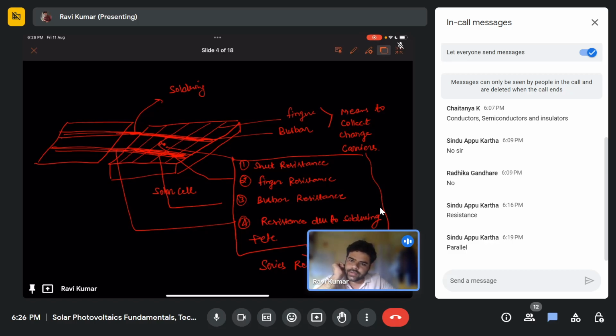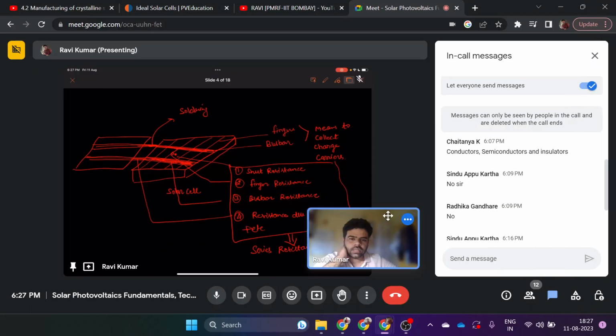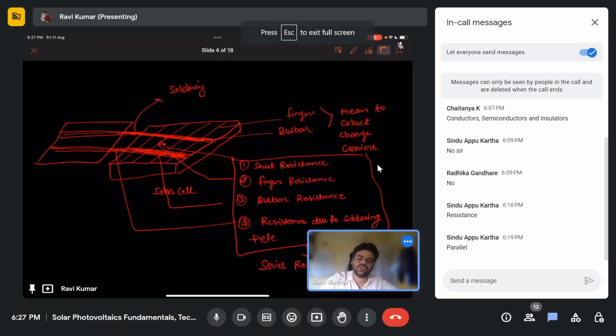Let me know any doubt here. There is no resistance in a solar cell, but due to other parameters or phenomena, the electron experiences some kind of resistance, and those are the sources of series resistance. Just have a look at it and let me know if you have any doubt.